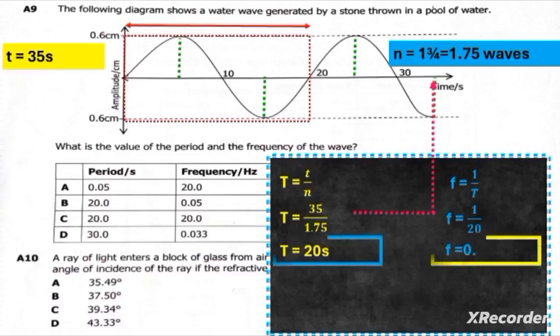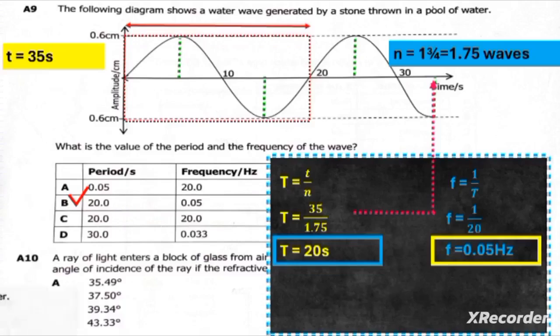So 1 divided by 20, we are going to get 0.05 Hz. So therefore, our correct answer here is B. Period is 20.0 seconds, frequency 0.05 Hz. We are done with this question.